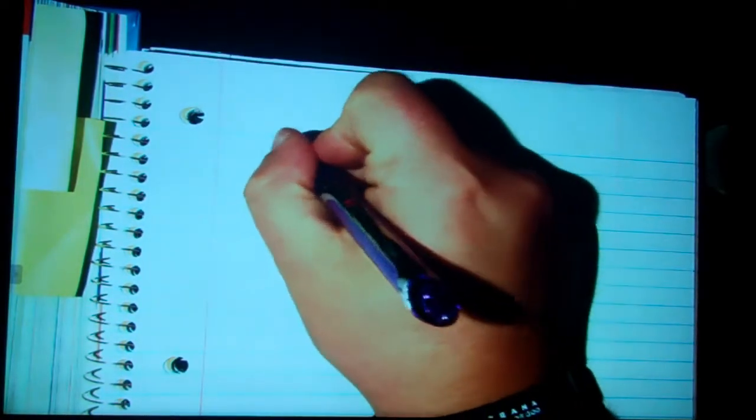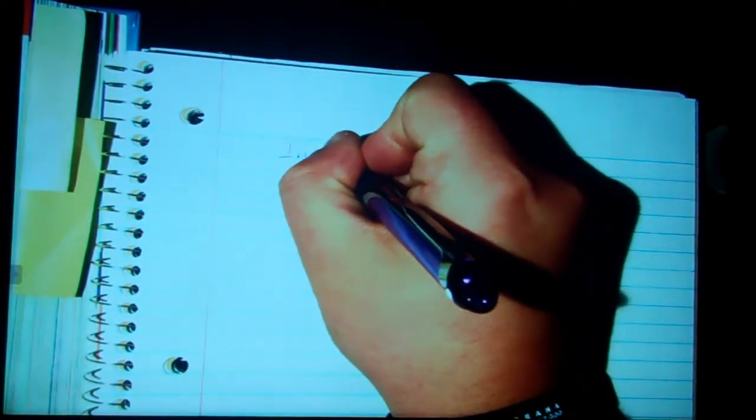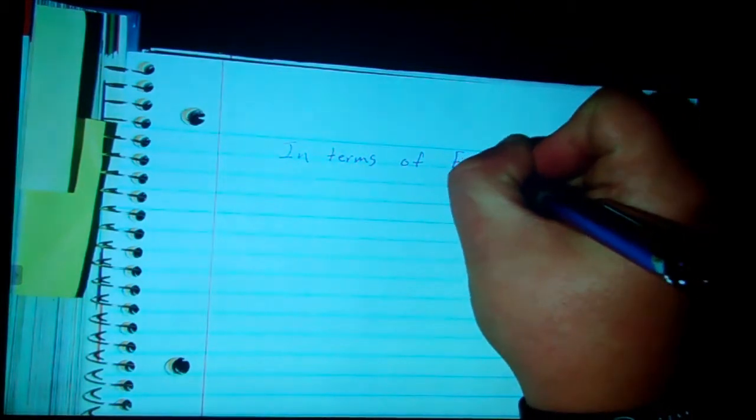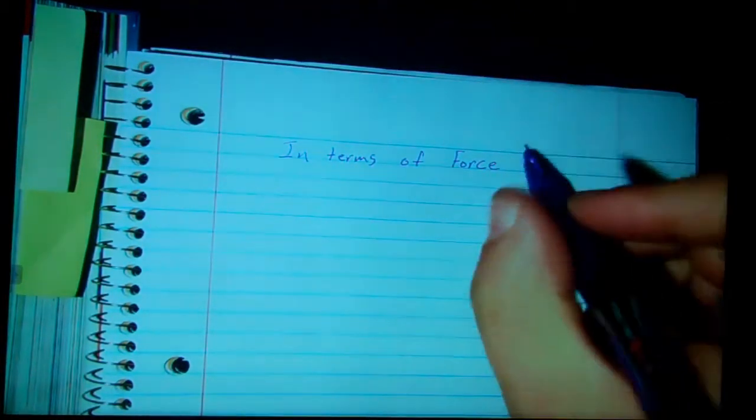Alright, so let's say in terms of motion, okay? In terms of force.